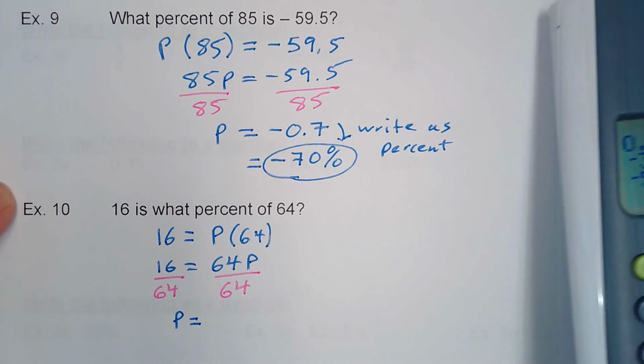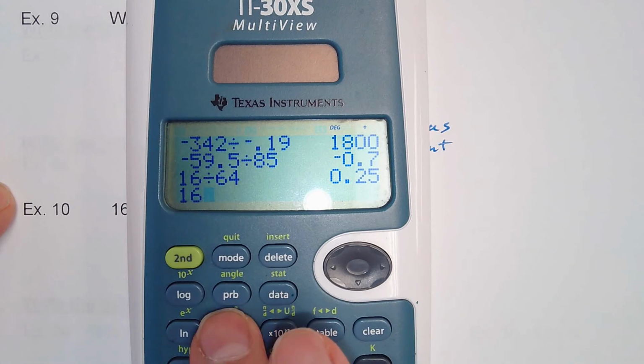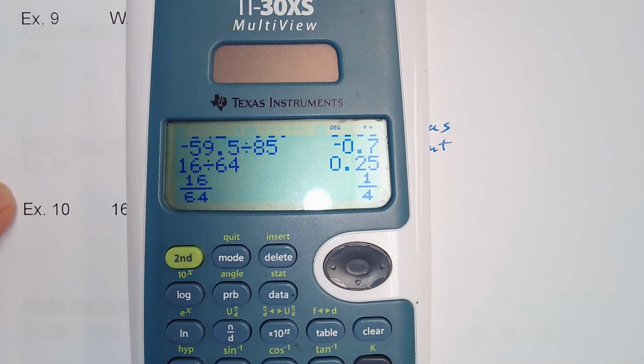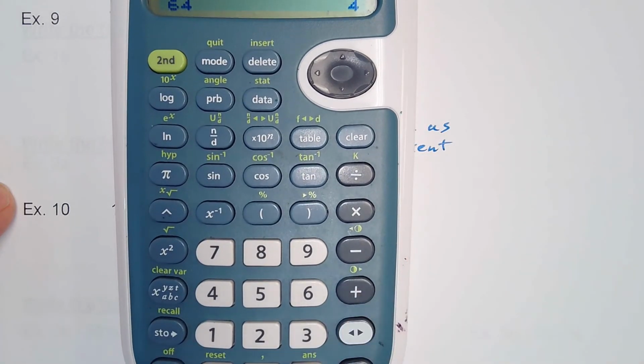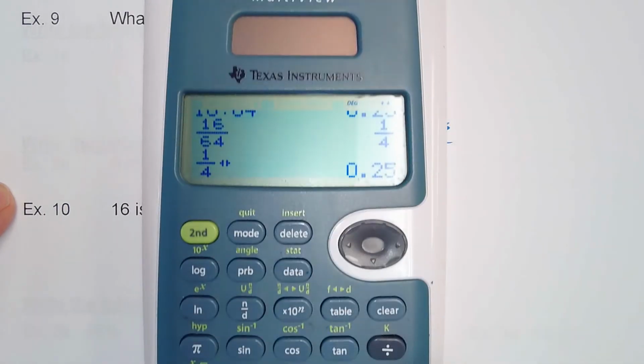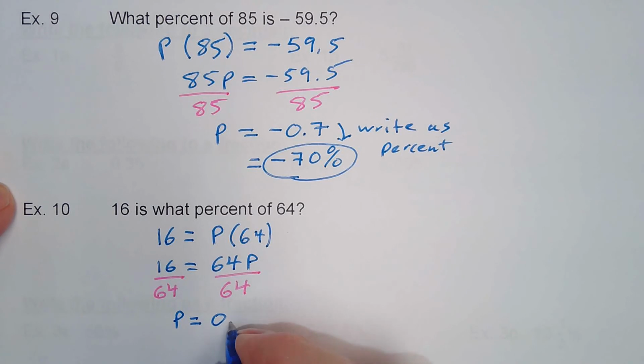Now remember, if you do it this way on a calculator, it'll give you the 0.25. If you do it as a fraction, it's going to write as 1/4, but you can always use that double arrow key down next to the 3 key. Hit that double arrow key, and that will convert it to a decimal for you. And then move your decimal point over 2 spots, and that gives us 25%.